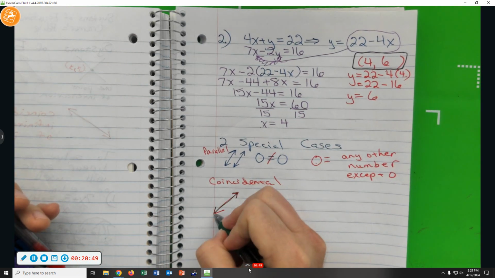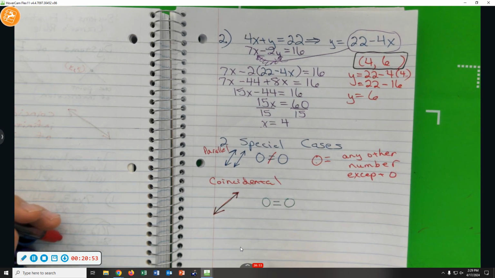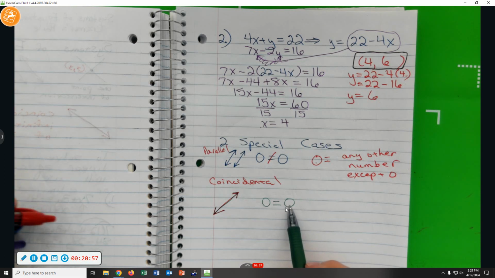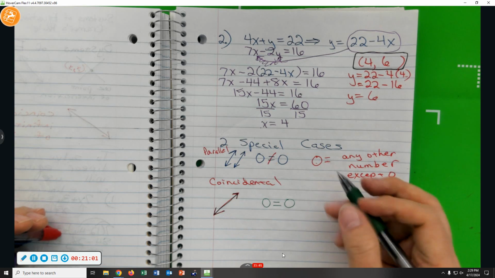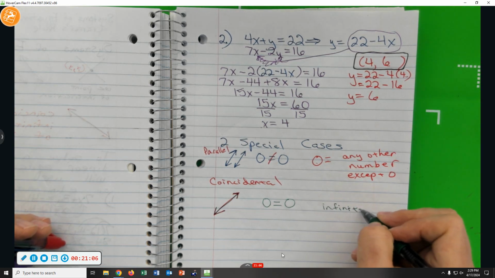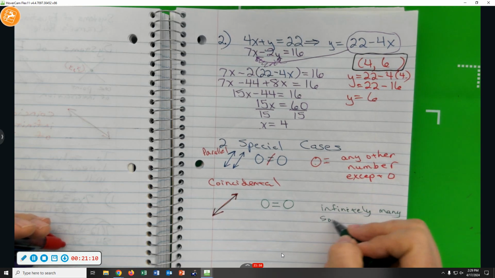That's when everything cancels out. Then you wind up with 0 equals 0. How often does 0 equal 0? Always. That means those lines always intersect, in which case there are infinitely many solutions. And I don't think that's going to happen anytime here.